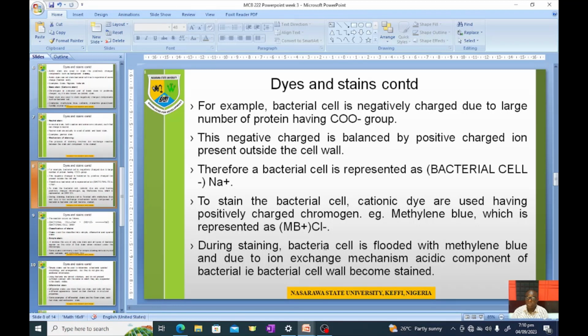So it will now have to attract the negatively charged chloride ion from the background. During staining, bacterial cell is flooded with methylene blue, and due to ion exchange mechanism, the acidic component of bacteria, that is the bacterial cell wall, becomes stained.